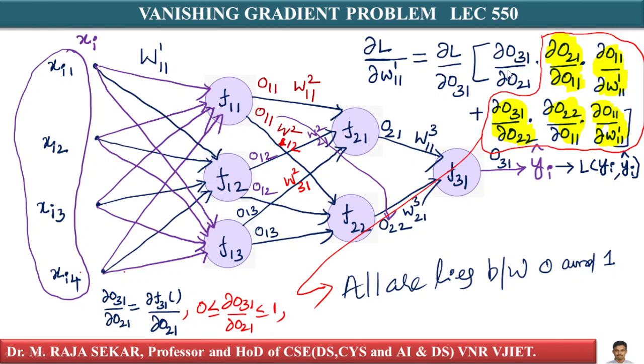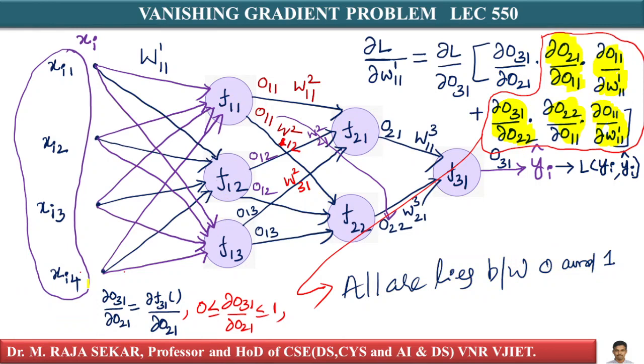Not only that, all these are sigmoid functions, so dou O31 by dou O21, dou O21 by dou O11, dou O11 by dou W11, and the others all lie between 0 and 1. Why? Because we are assuming all these activation functions are sigmoid functions.